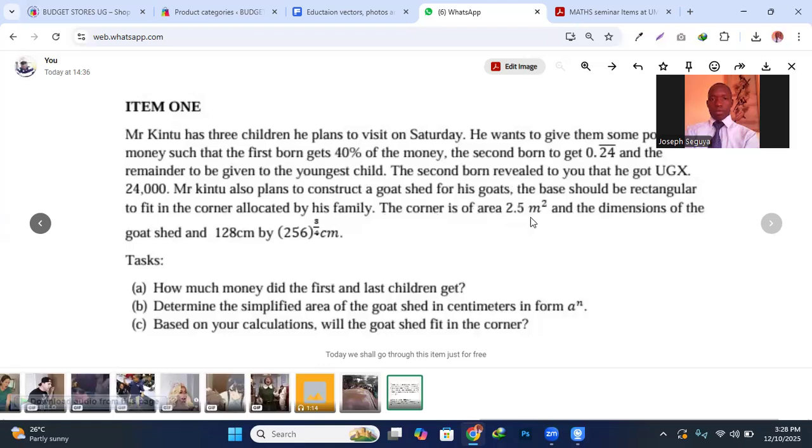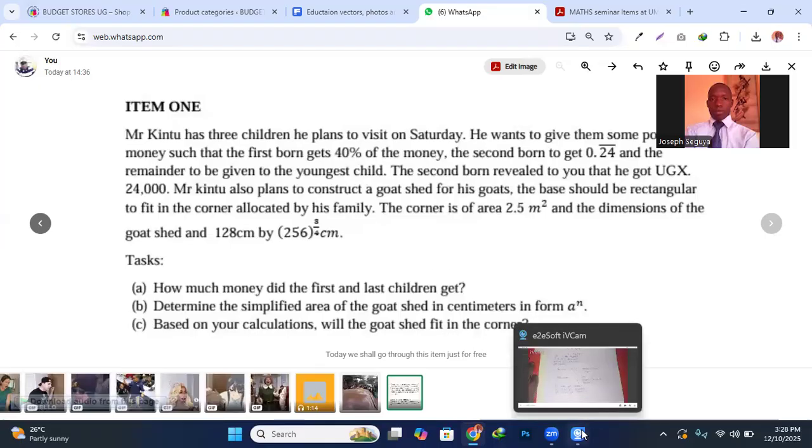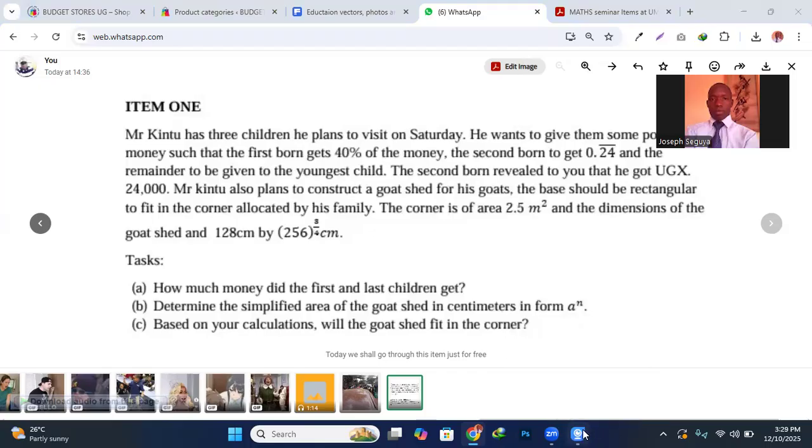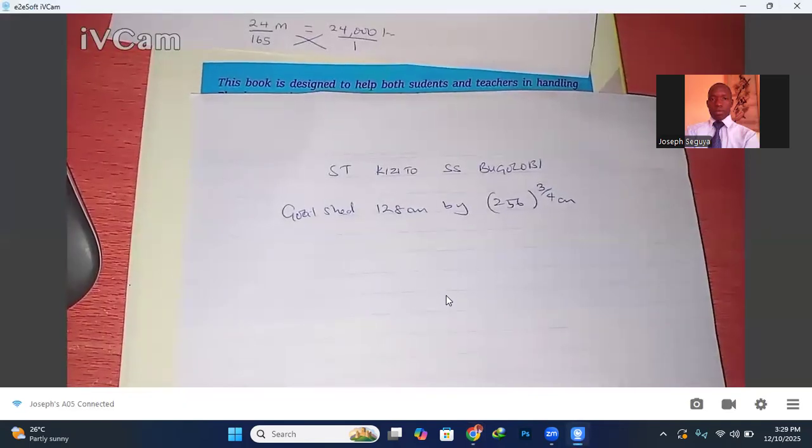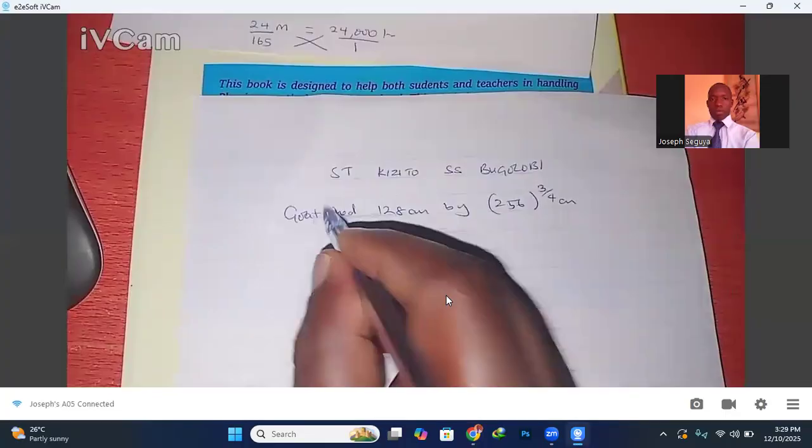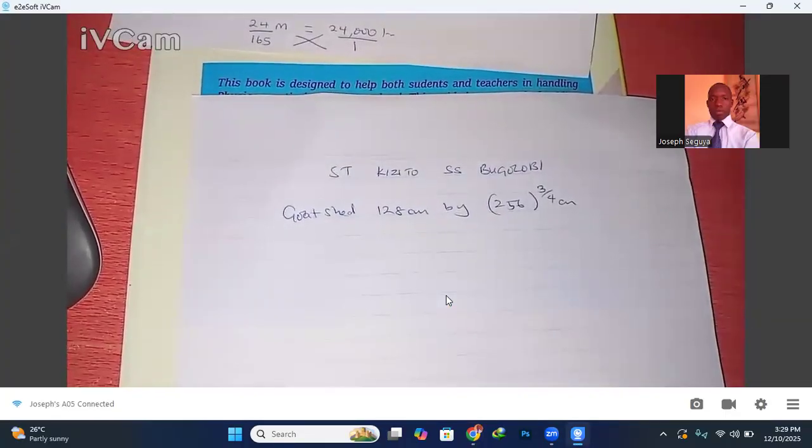The corner is of area this, and the dimensions of the goat shed are 128 centimeters by 256 to the power 3/4 centimeters. That's what I've written there.